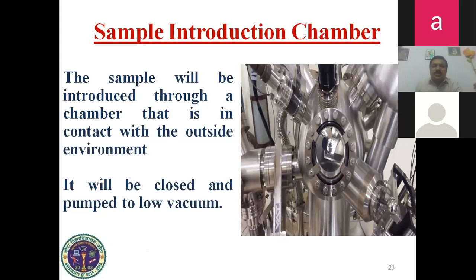Because the size of this introduction chamber is quite small, creating a vacuum is quite easy, whereas the experimental chamber is quite large. So after reaching a vacuum of 10 to the power minus 8 torr, we introduce the sample to the experimental chamber for further studies.